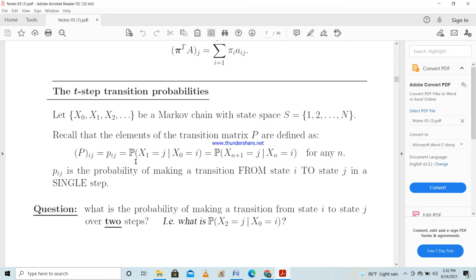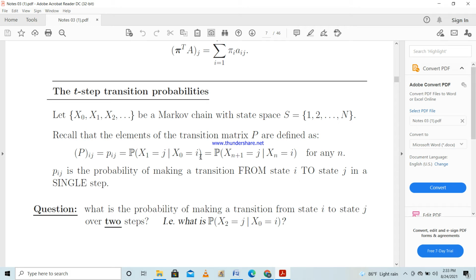So that is the probability when t equals 0, that is x0 is i, given that at time 0 you are in state i and at time t you are going to state j.